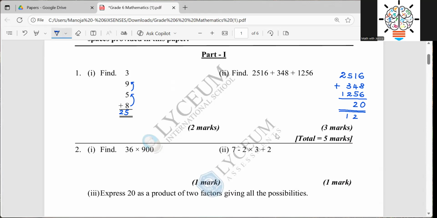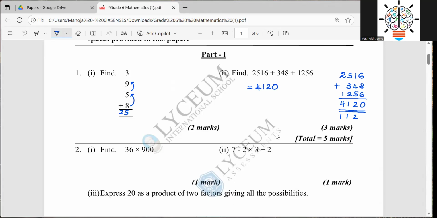Then 2 plus 3, 5. 5 plus 5, 10, and the carried 1 makes 11, and again 1 carried. Then 1 plus 2, 3, and 3 plus the carried 1 becomes 4. So your answer is 4120. Put the equals sign here and write 4120.